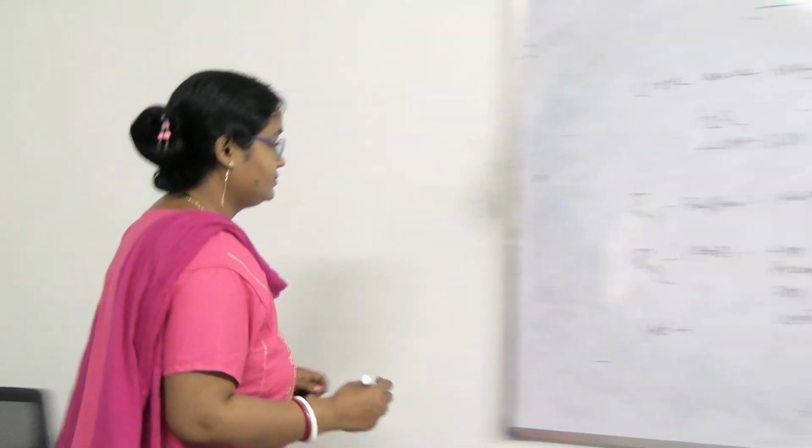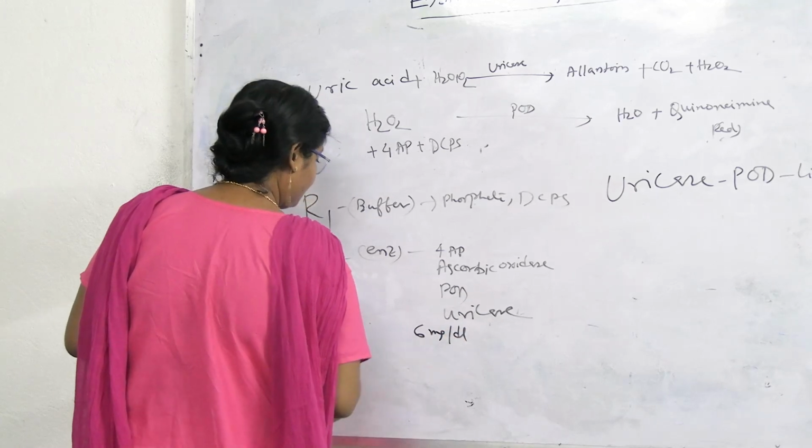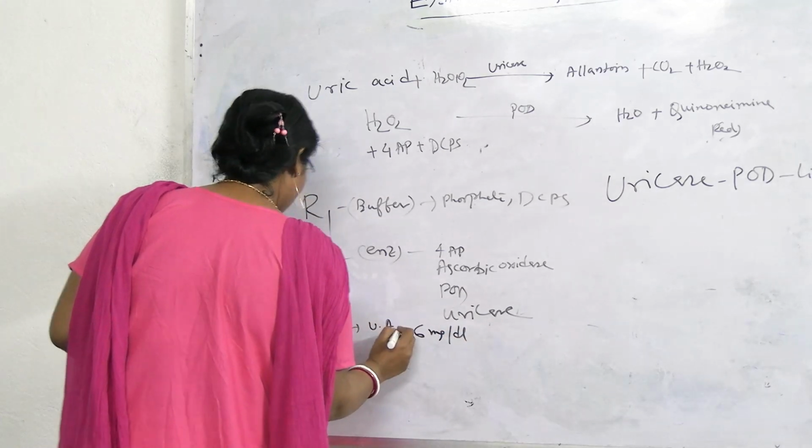The calibrator standard will be 6 milligram per dl. Standard is uric acid aqueous primary standard, so it is in aqueous form.